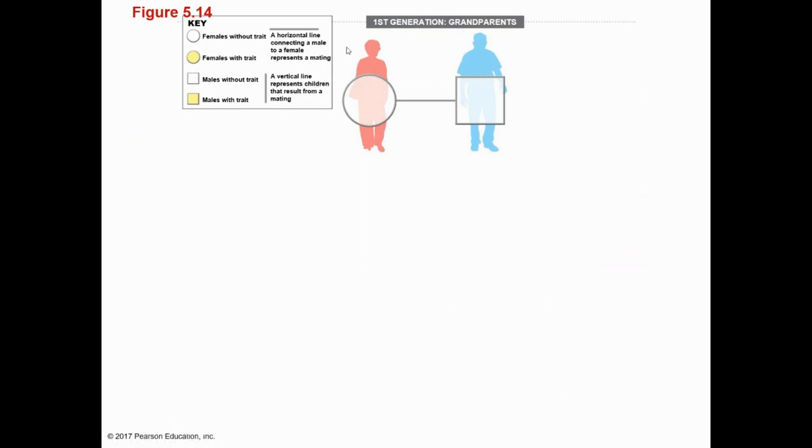If the female does have the trait, then the circle will be colored in. So in this case, it's yellow, but sometimes they just shade it in. Sometimes they also designate the heterozygous individual, so the carrier, as a half shaded box. So meaning they would draw a line down the center of the circle and just shade in one side. Sometimes they do that, sometimes they don't.